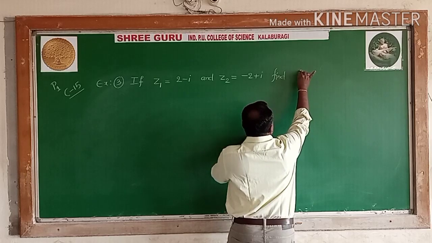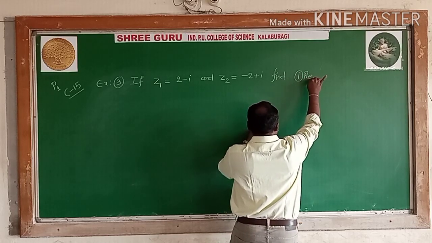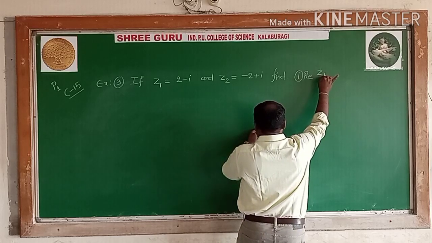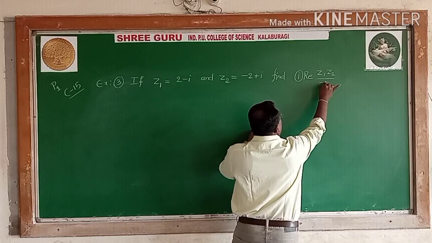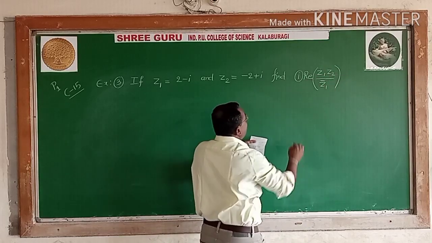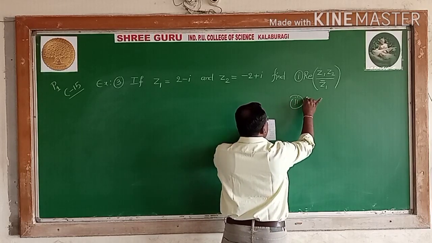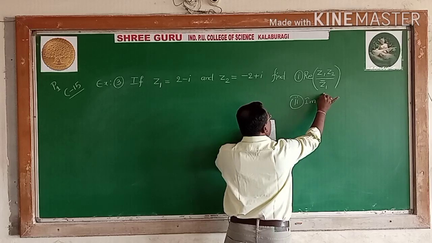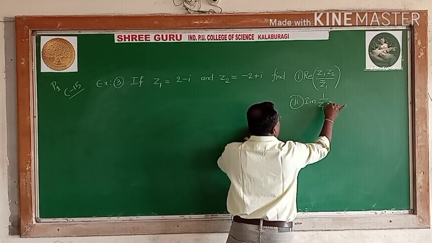First one is to find only the real part of Z1 Z2 divided by Z1 bar, and second one is the imaginary part of 1 by Z1 bar.